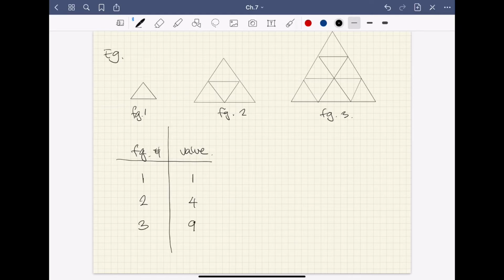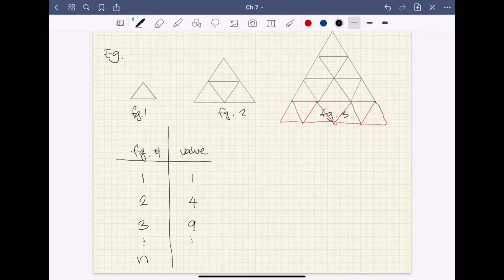If you do figure 4, then you'll see that there are 16 triangles. You can keep drawing more figures to see what the pattern is, but the question is, if you have the nth figure, figure number n, then how many triangles are there?